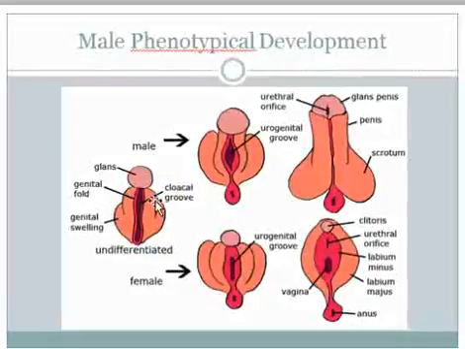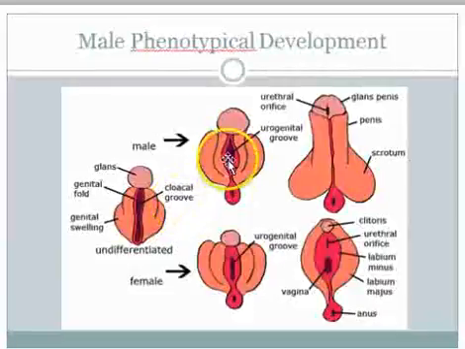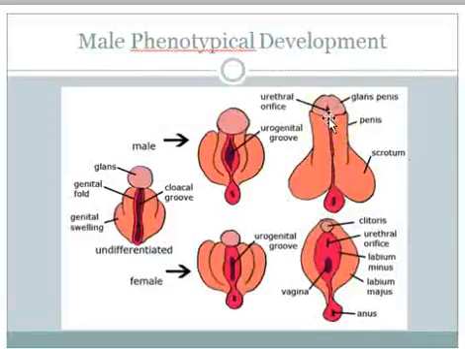So for male differentiation under the influence of testosterone, the glands are going to elongate, and then this urogenital fold here on either side is going to pull forward and basically zip right up the front. So you can see that here, we're just zipping right up the front. So it's that elongation and then the zipping.